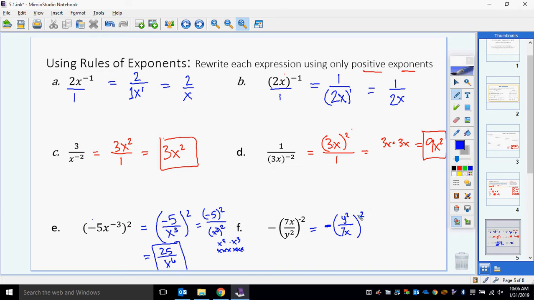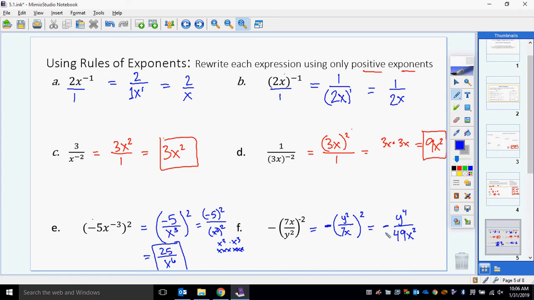Okay, now let's simplify some more. So y squared gets squared, and 7x gets squared. My negative's just hanging out in front. So I need to take y squared to the power of 2, which would be y to the 4th, and 7x to the power of 2, which would be 7 times 7, and x times x, so 49x squared.